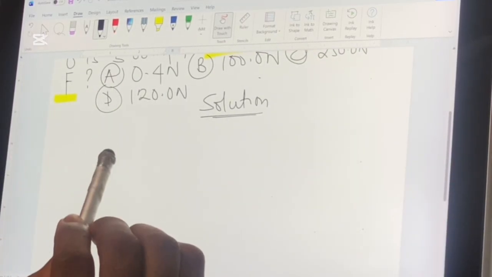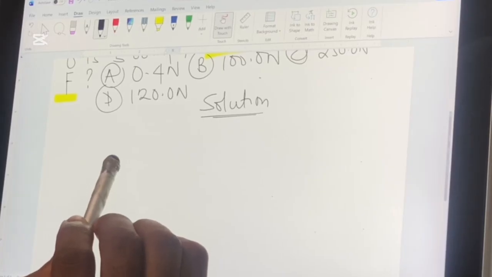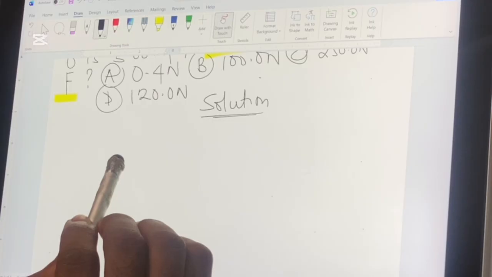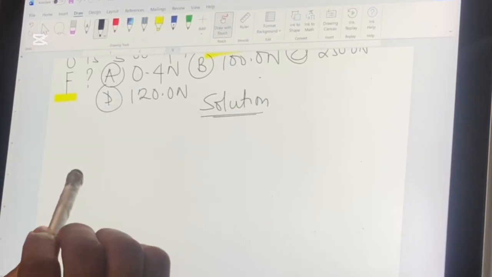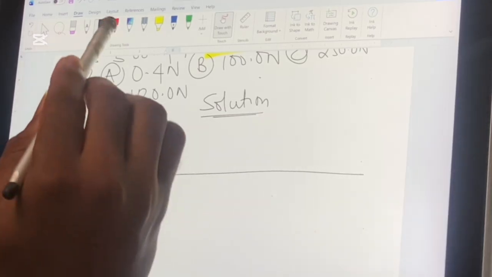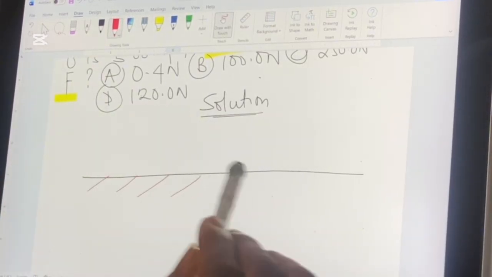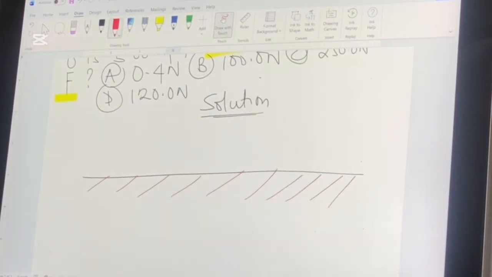Let's have this as the surface. They said a constant force of magnitude F acts on an object of mass 0.04 kg initially at rest. So this is where the object is resting. Let's just put this as a smooth surface, okay?